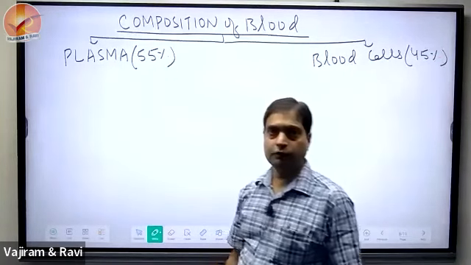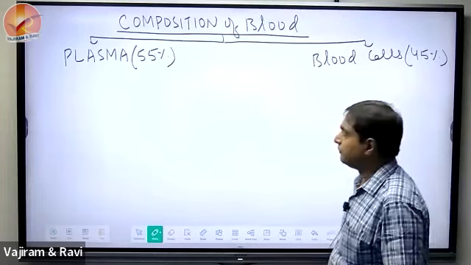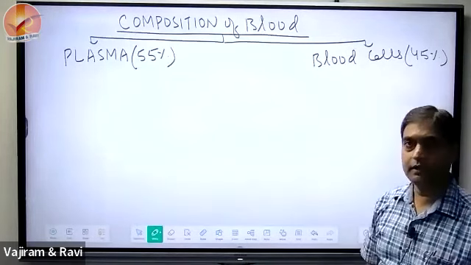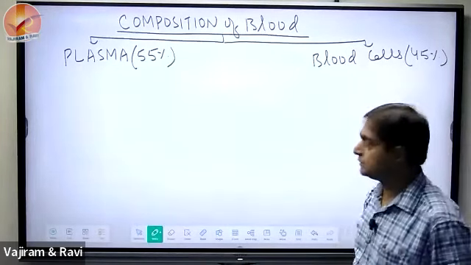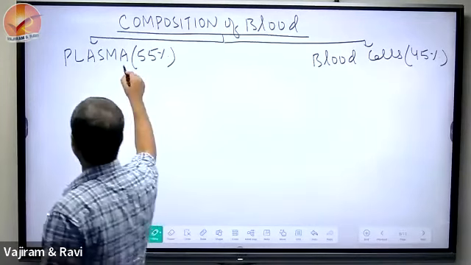So under composition of blood, we can see here 55% proportion is the blood plasma and 45% are the blood cells. Now write composition of plasma.